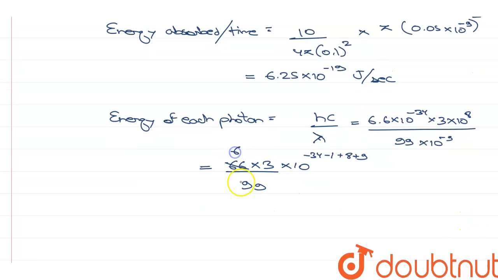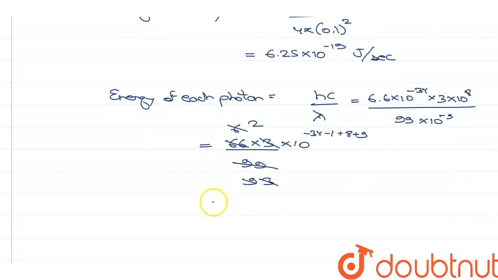Now 6, 9, 3 and 2, which gives us 2 into 10 raised to the power minus 35 plus 17, so minus 18 joules.